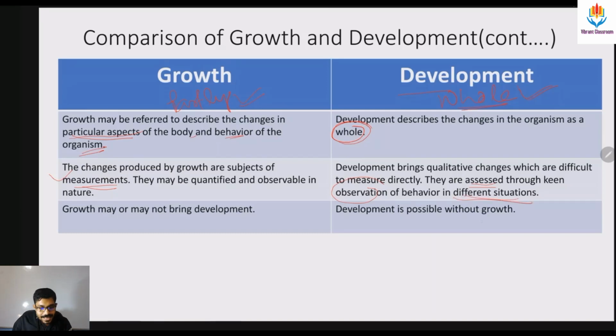Then the last point: growth may or may not bring development. Sometimes growth brings some development, and sometimes growth does not lead towards any developmental process. But development is possible without growth. So let us assume our personality.